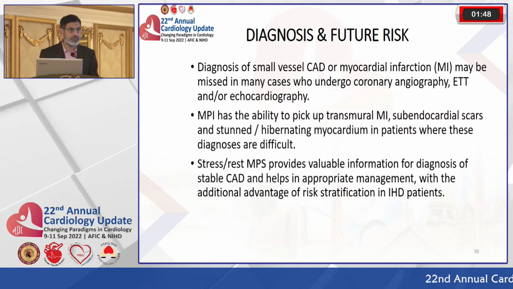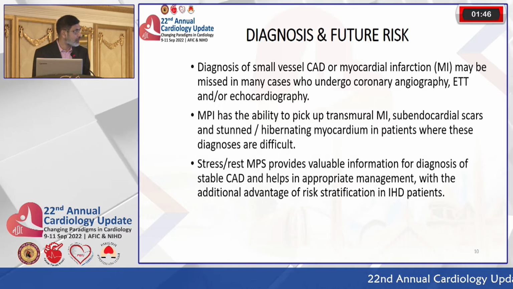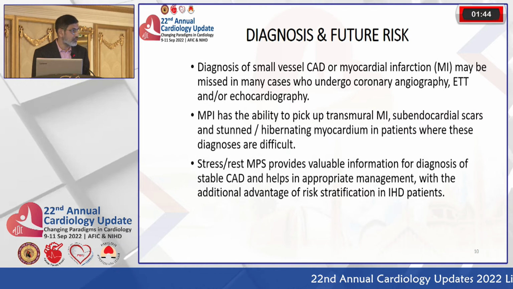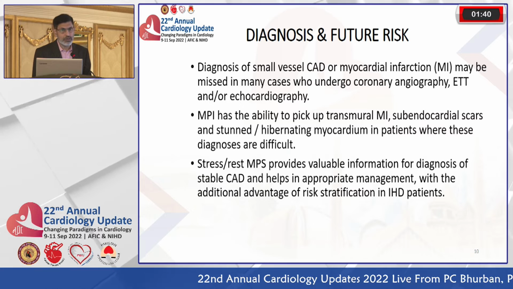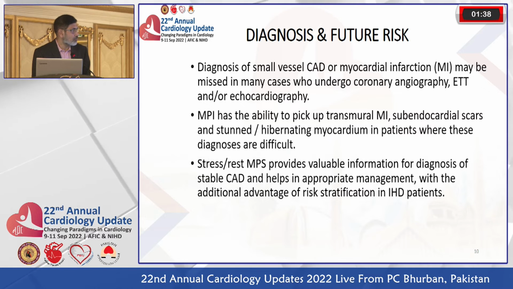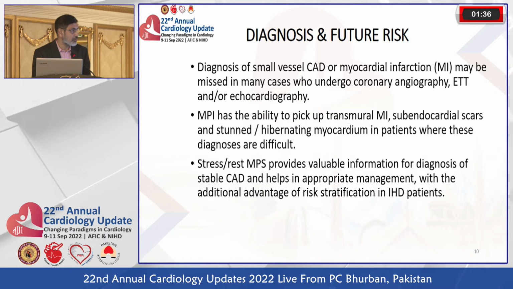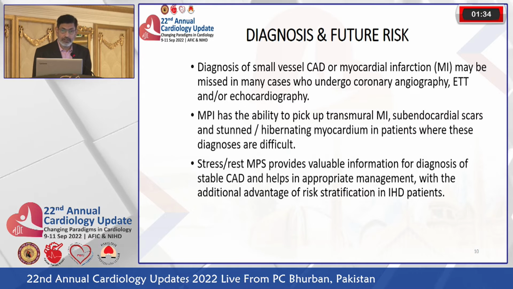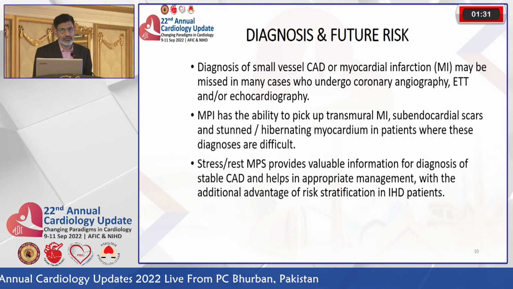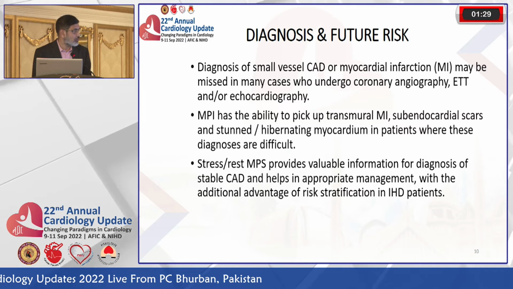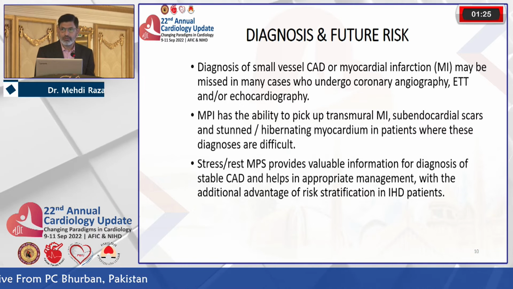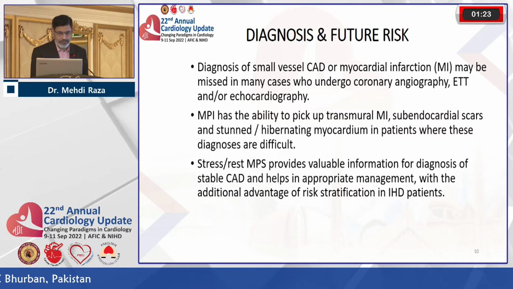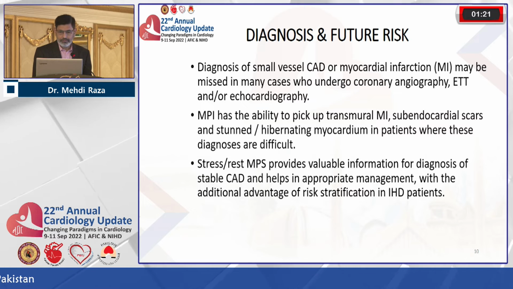Similarly, there are many patients who have had an event which has led to a subendocardial scar, at times a transmural MI also, which is small enough, not picked up elsewhere. There's no good wall motion abnormality visible, and stunned and hibernating myocardium is definitely not visible through other modalities. So in all these places, myocardial perfusion imaging comes to the help of the cardiologists and cardiac surgeons.